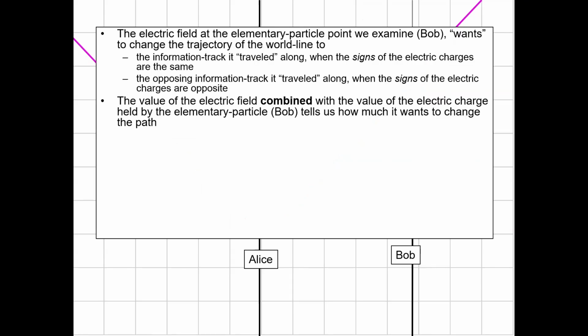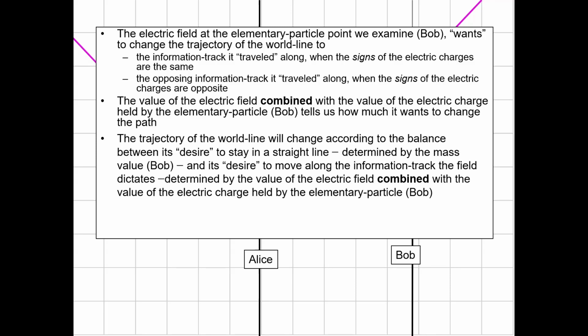Now the value of the electric field combined with the value of the electric charge held by the elementary particle, which is in our case Bob, tells us how much it wants to change the path. And the final trajectory of the world line will change according to the balance between its desire to stay on the one hand in a straight line, and that is determined by the mass value of Bob, and its desire to move along the information track that the field dictates.